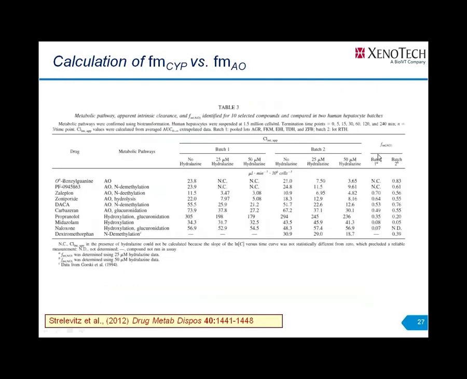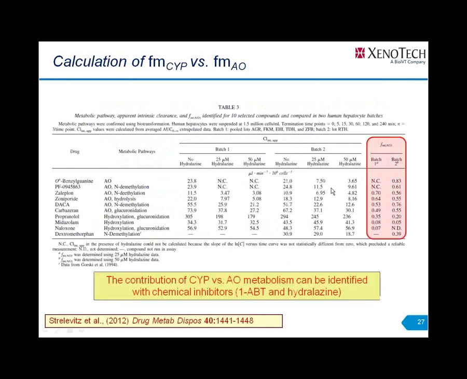Just before I dive into our data, just to orient you on a table that was in this paper, you can clearly see that for many drugs they were able to determine the FMAO using this hydralazine approach. And we went ahead and investigated whether we could use 1-ABT and hydralazine and mimic the results in the Pfizer paper.